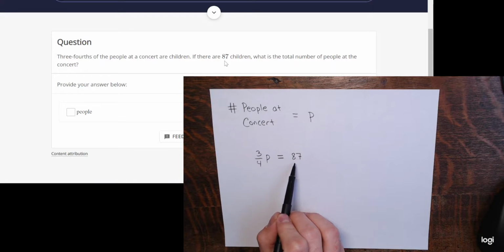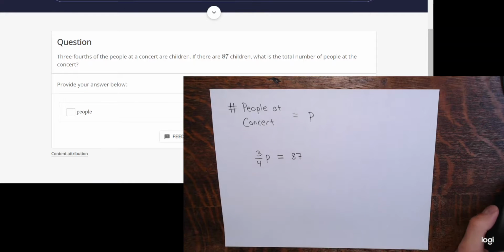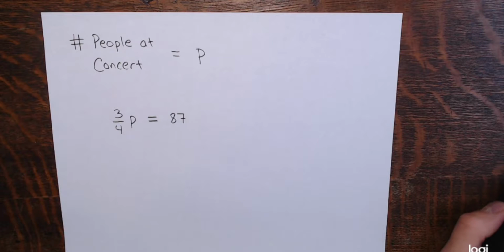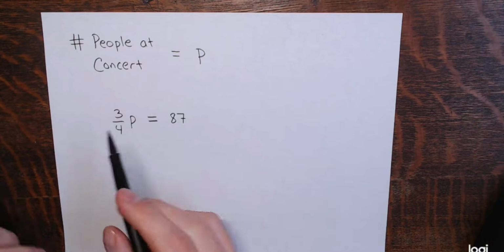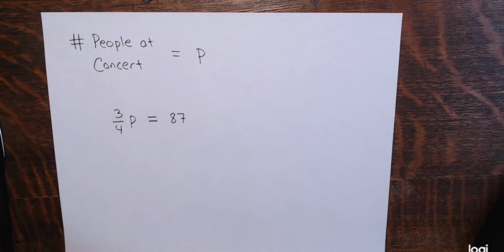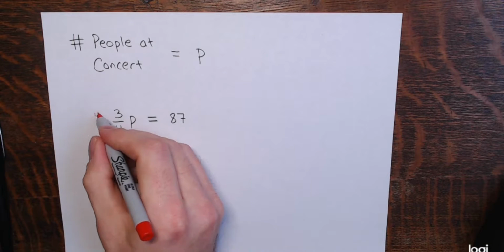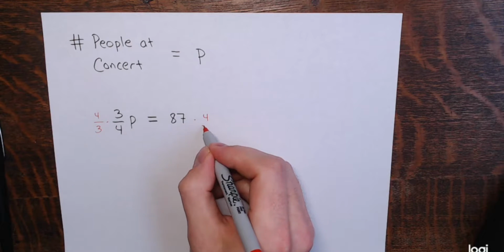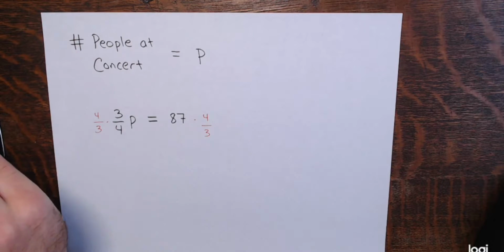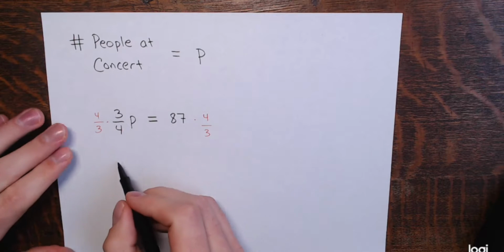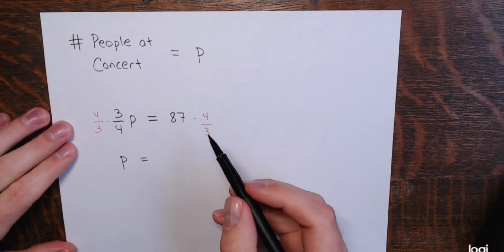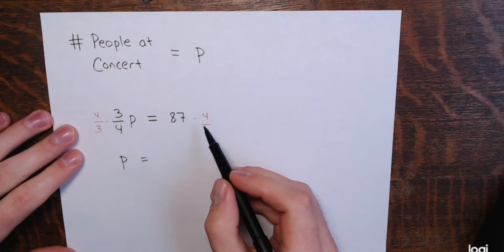And then I'm solving this equation. Alright, now here, pretty simple, right? To get P alone, I would just multiply both sides by 4/3. So on the left side we have P. On the right side, 3 goes into 87 29 times.